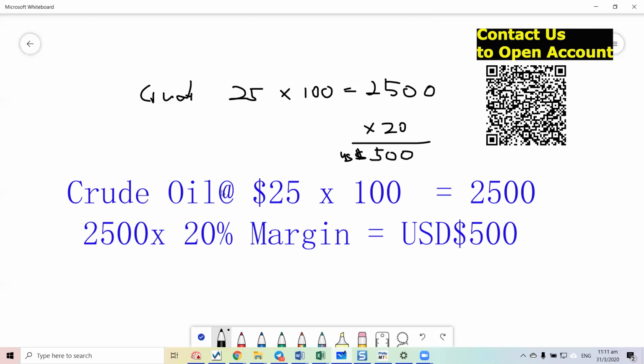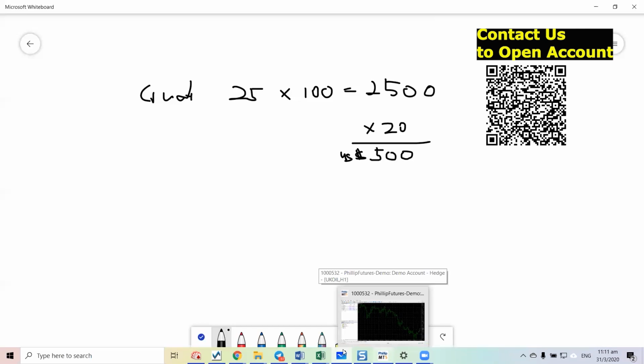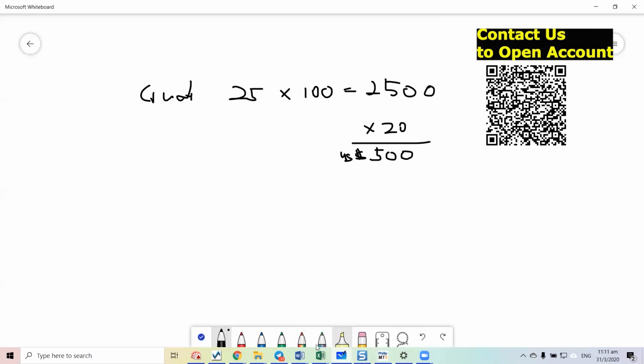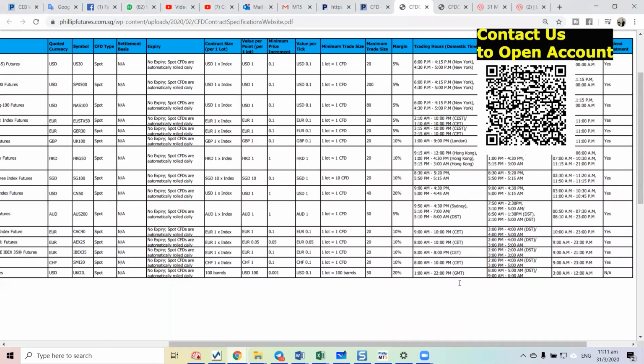If you are just less than 100%, there is no margin call per se. Your positions can still be maintained. We need more explanation on this later, when we take a look at the platform and see how we can tell whether we are near margin call.